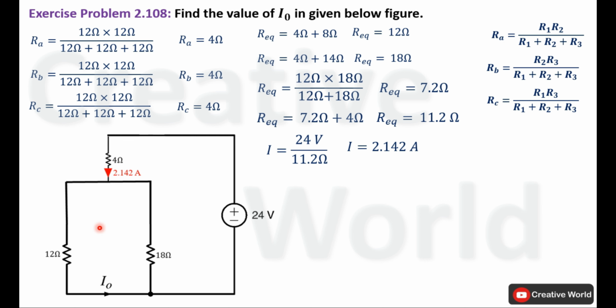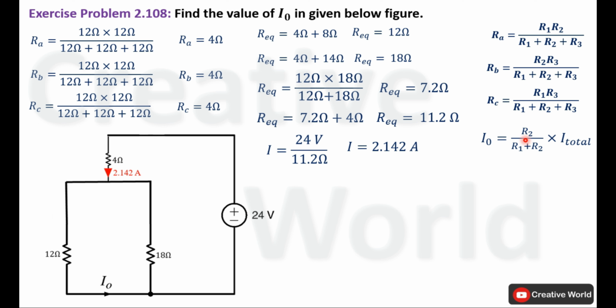Modify the network by indicating current with its direction. Now at this stage we can apply current divider rule to calculate current through this branch. For that purpose, we will use this equation to calculate current I0. In this case, R1 will be 12 ohm and R2 will be 18 ohm. And I total is total supplied current, that is 2.142 ampere.